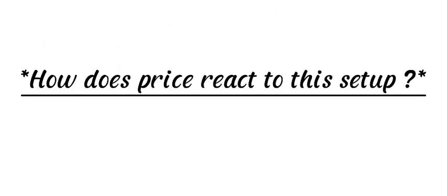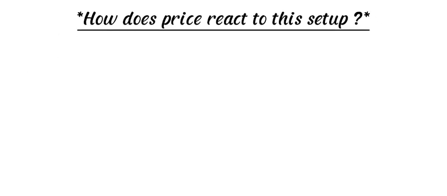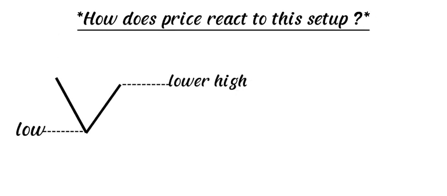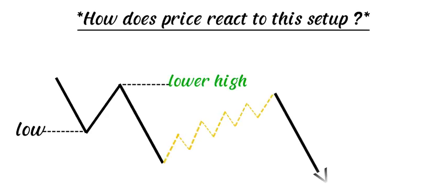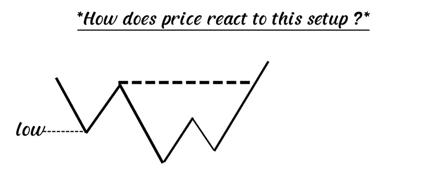Now, how does price react to this setup? When price creates a low, a lower high, and then breaks the low, traders naturally focus on the lower high, expecting price to continue selling if it reaches there. However, when price neglects it and breaks the lower high instead, the order block situated there automatically turns into a breaker block.